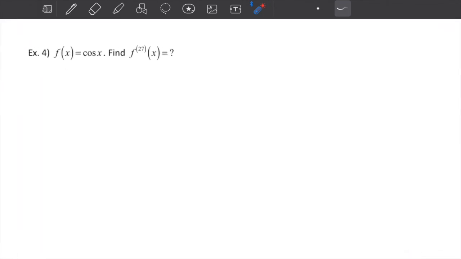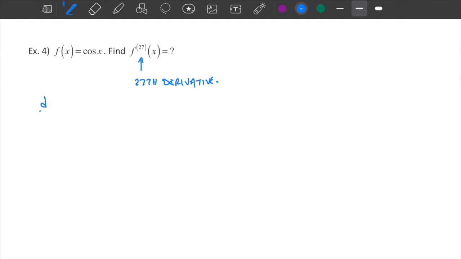One last example that we've got, I saved the best for last. Our function is cosine of x. I want the 27th derivative. So the next 27 minutes of the video are going to be taking the derivative over and over and over again. Actually, I made a note earlier that the derivative of cosine of x is negative sine of x.